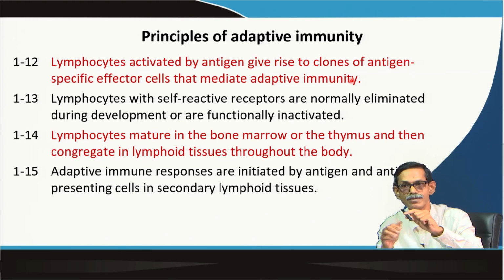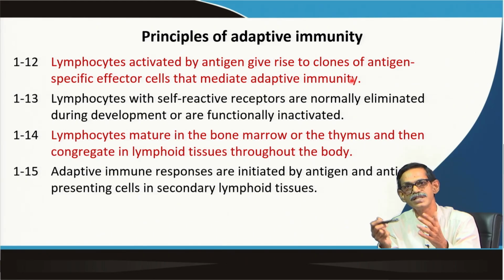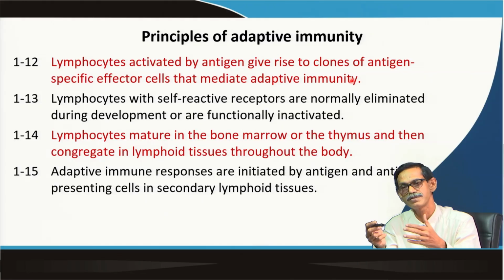One cell is not enough to handle so many bacteria, because normally infection does not happen with one bacterium or one virus. If there is only one virus, it is fine, nothing will happen, because to cause a disease you need a certain number of organisms. So, when we see a disease happen, that means there is a larger number of bacteria or pathogenic agents. So, one cell is not enough.